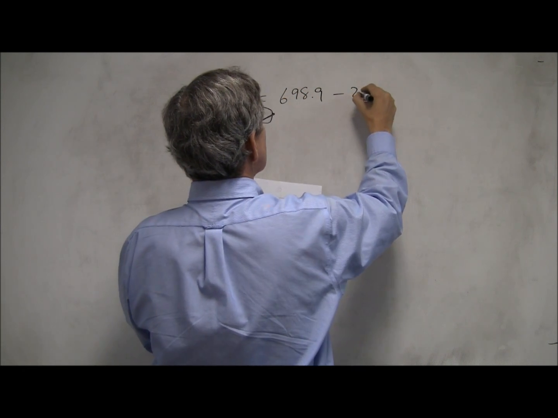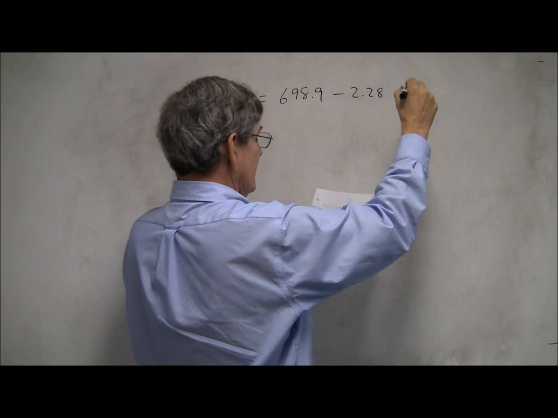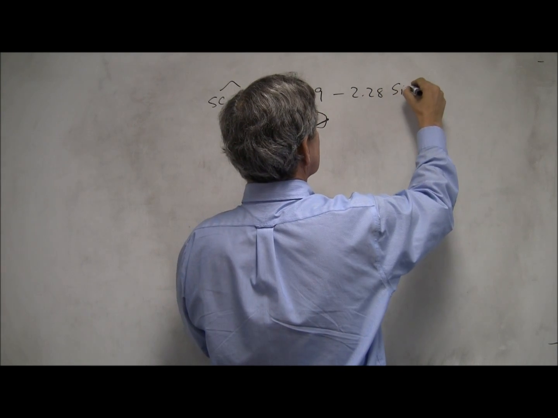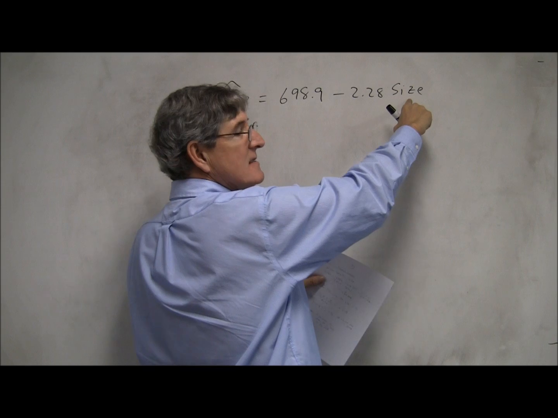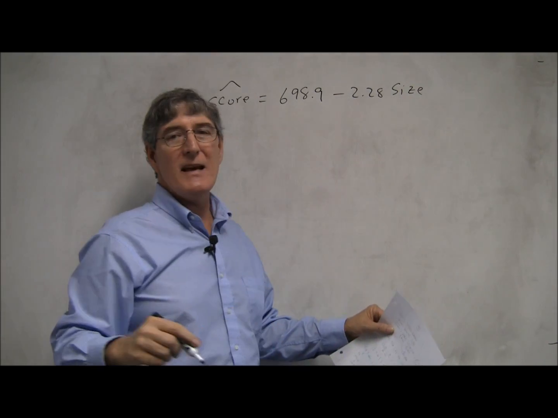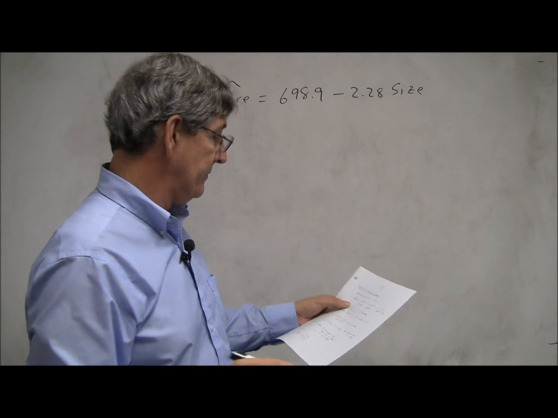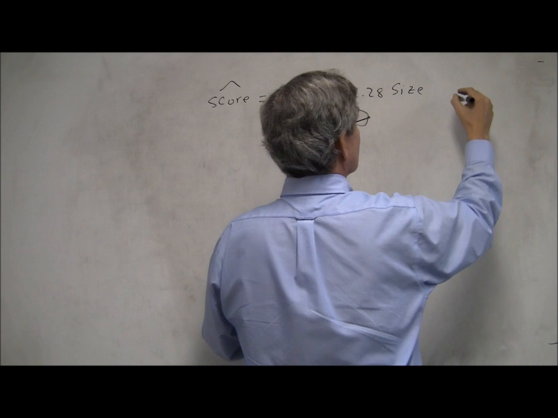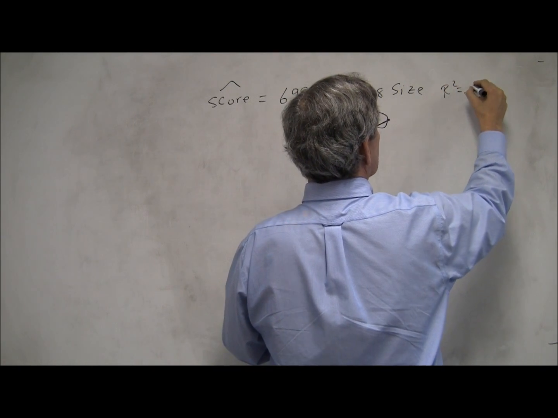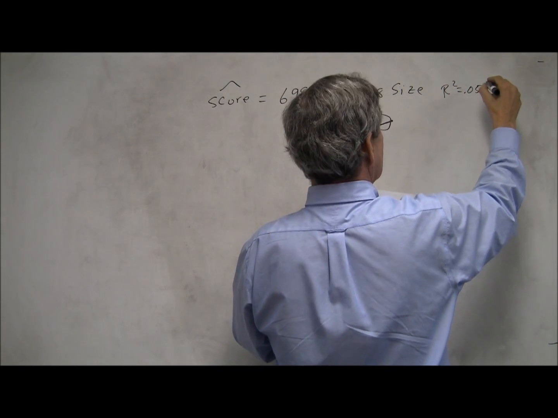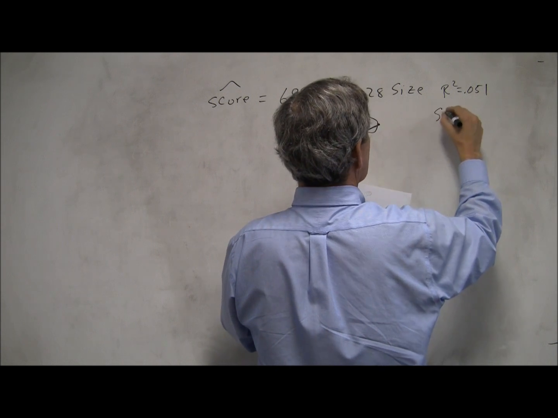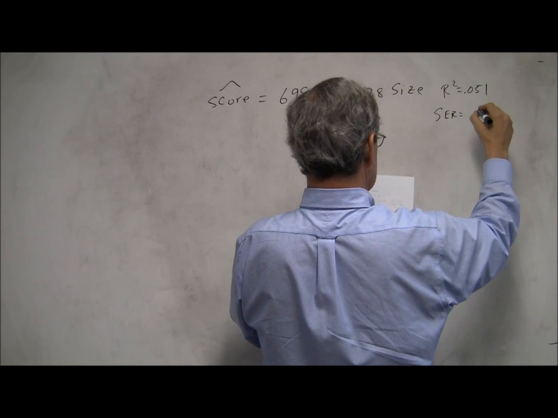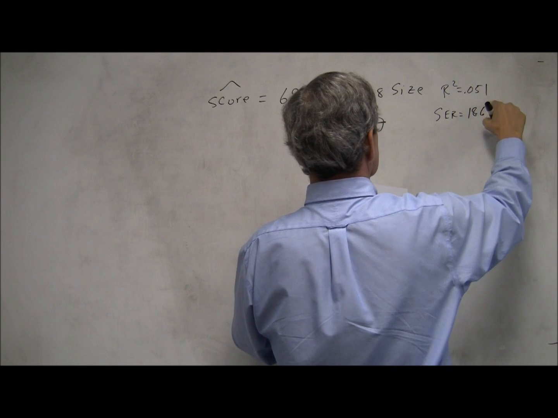If you look in most journal articles in economics, you'll see something like this. The book uses STR here; I've been writing size. STR is student-teacher ratio. R squared is 0.051, and the standard error of the regression was 18.6.